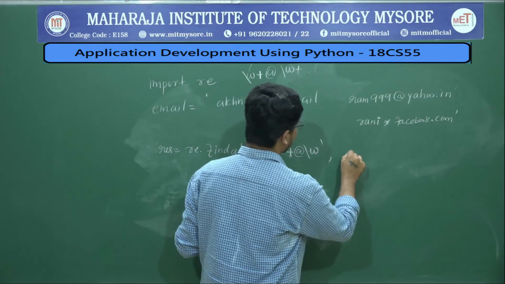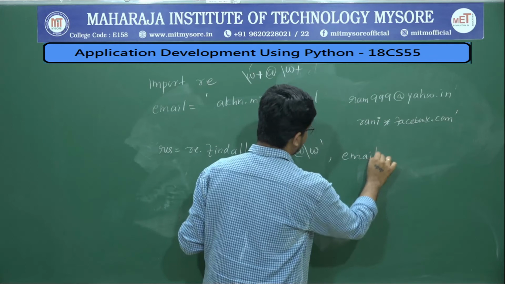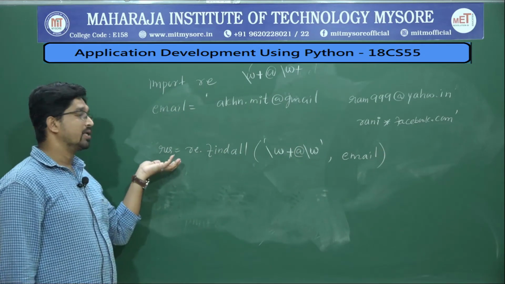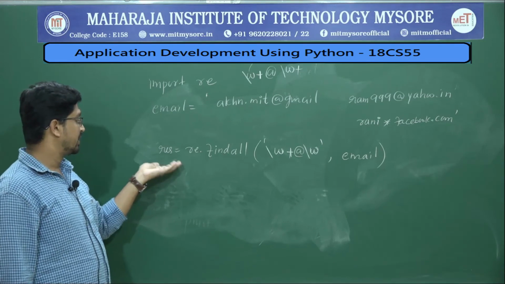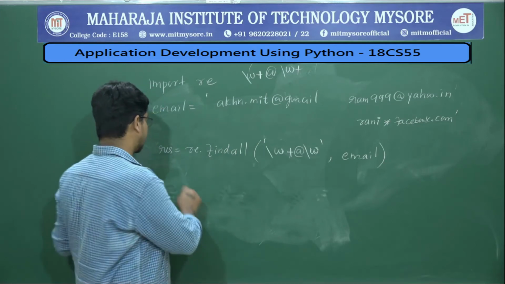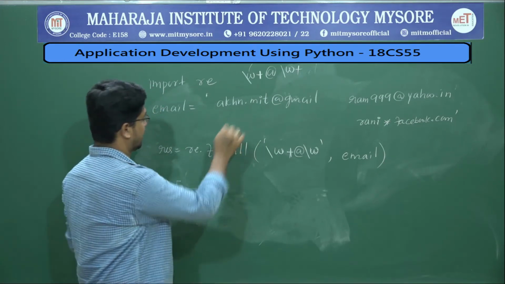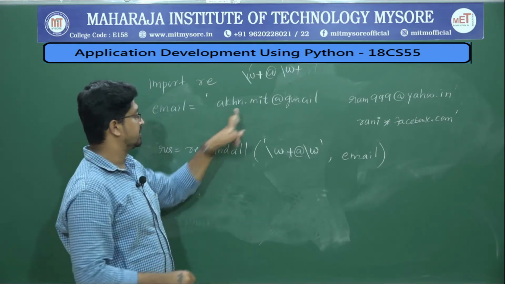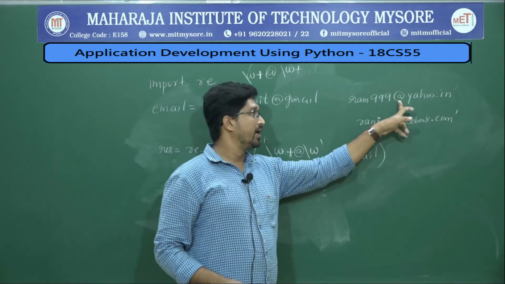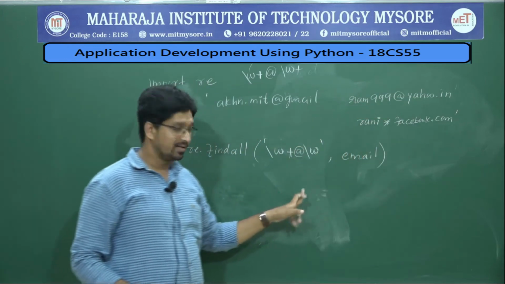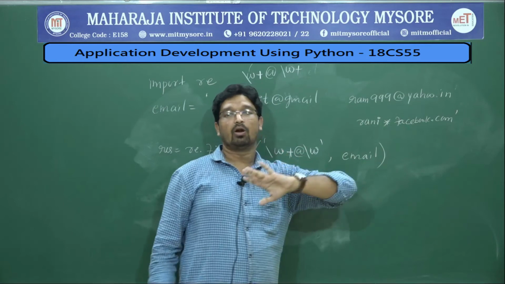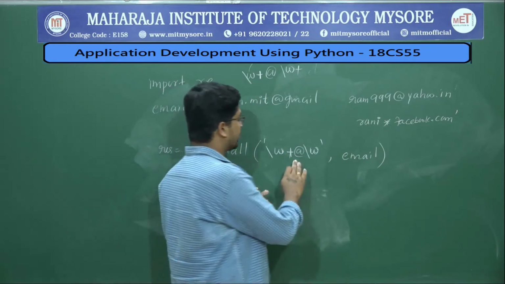And what is the input? Input is email. Now what will you get? The result. The list you will get first is akhn.mit@gmail.com. ram99@yahoo.in is the second result, and Rani star facebook.com will not be considered because there is no at symbol.